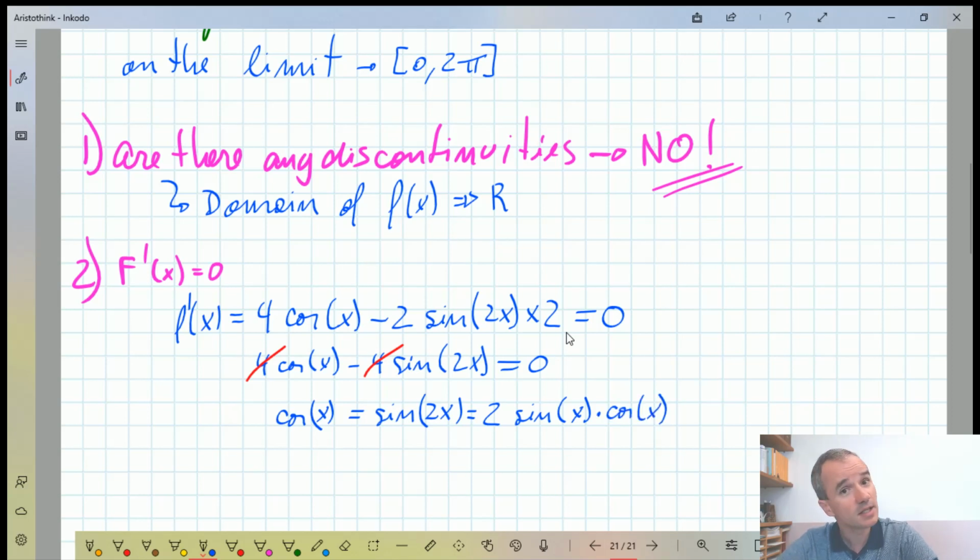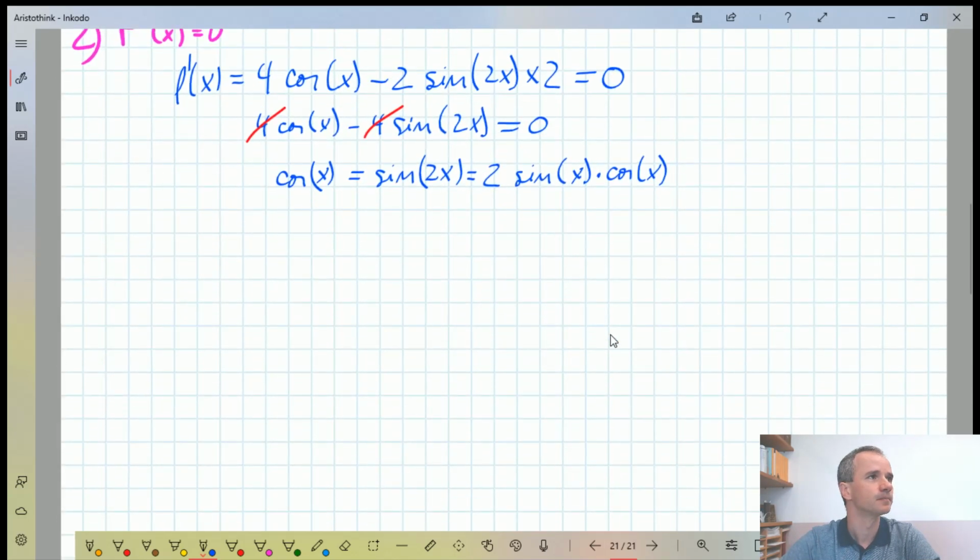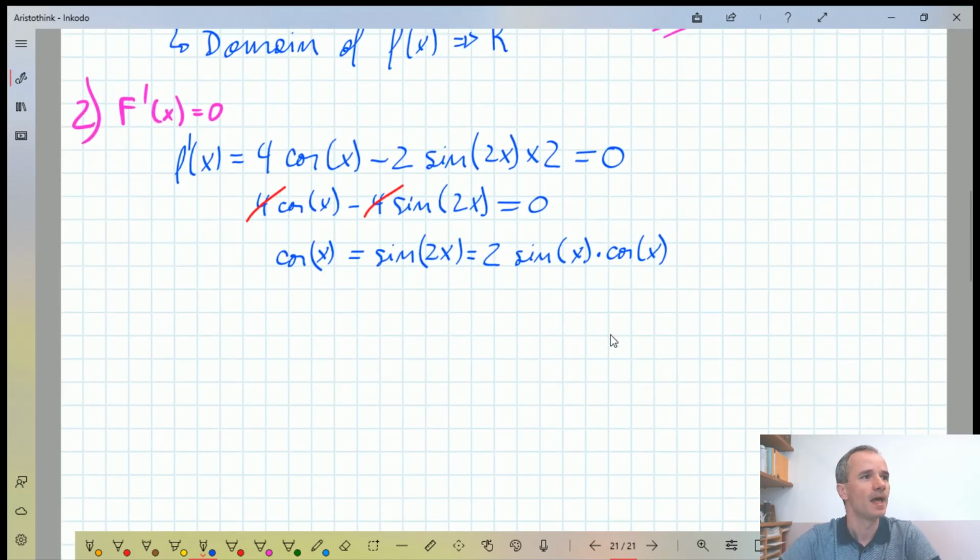You see, this is the double angle formula, if you don't remember. Good. And well, why is that interesting? Because now look what I have. Sine x, cosine of x.